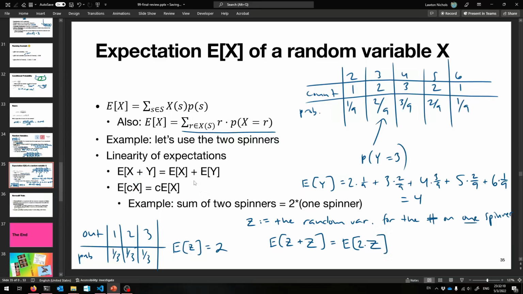It's either 2 plus 2, or 2 times 2. So that's also another way to get 4, due to linearity of expectations. And so that was a lot less work, wasn't it? And that's why we like these fancy formulas. Okay, so that's the expectation of a random variable. It's what you expect to see on average over time as the output of your random variable.